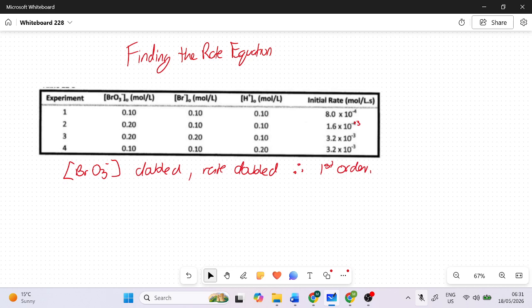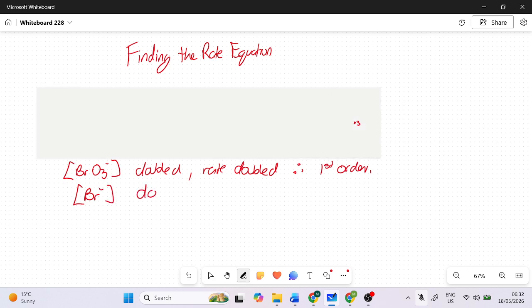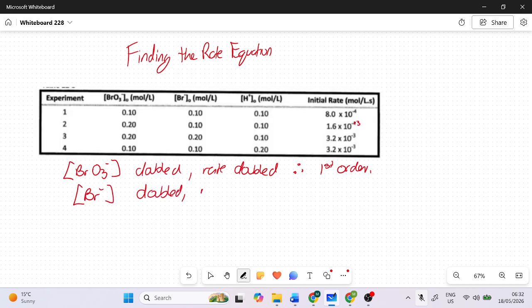So for the bromide, the concentration doubled and the rate also doubled. Therefore, first order as well.